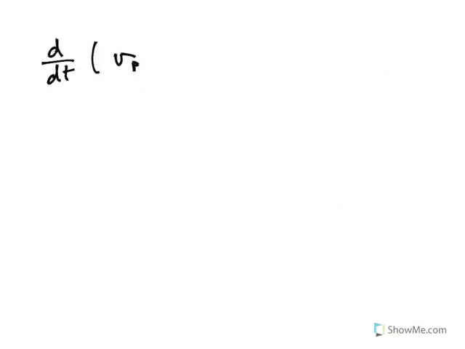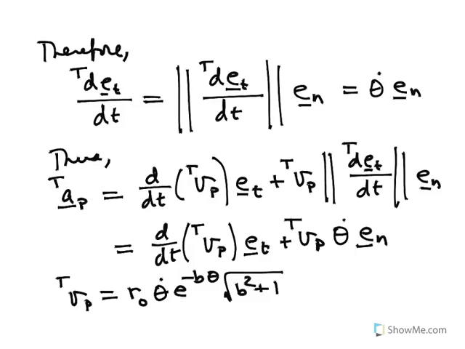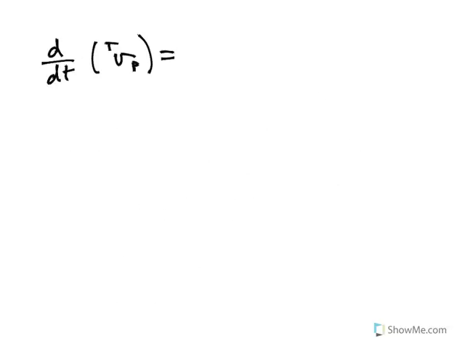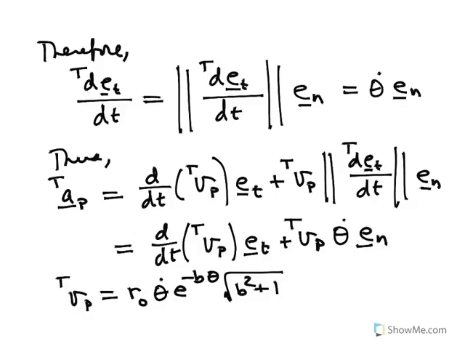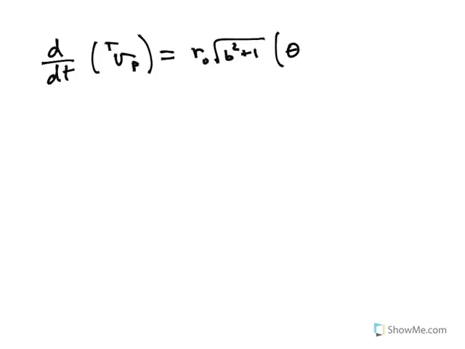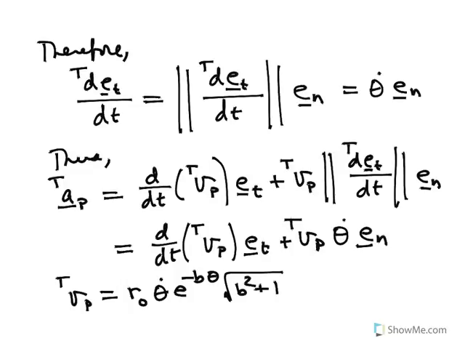So d/dt of the speed v_P is equal to, well, let's look at this expression. r0 is constant, the square root of b squared plus 1 is constant. So what we get is r0 times the square root of b squared plus 1 times the derivative, which is theta double dot e to the minus b theta, and then minus b times theta dot squared times e to the minus b theta. Now, how did I get that?